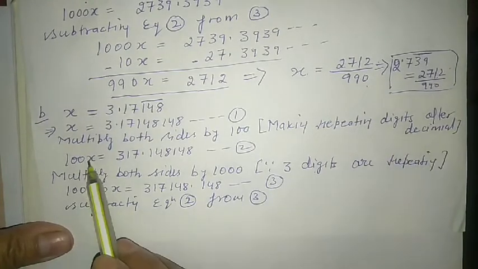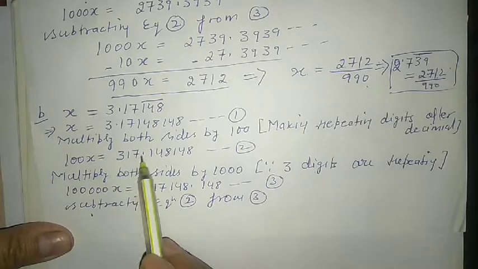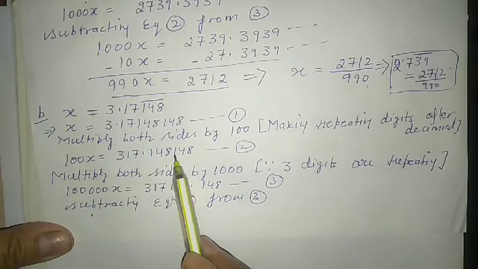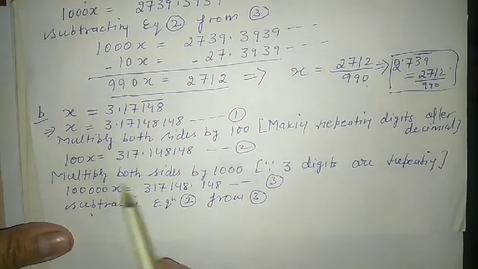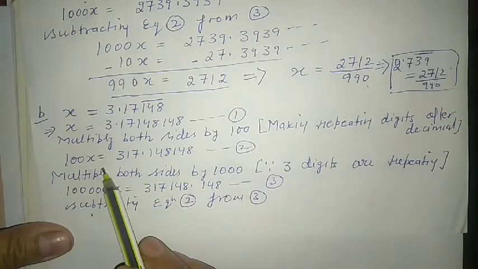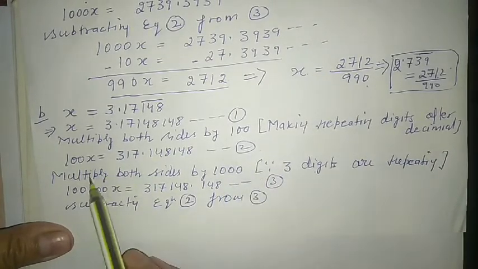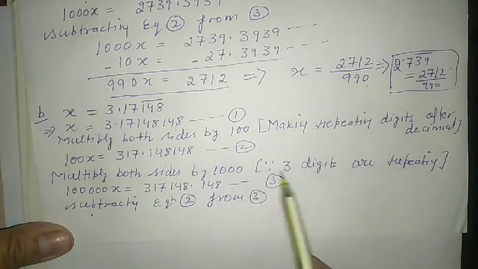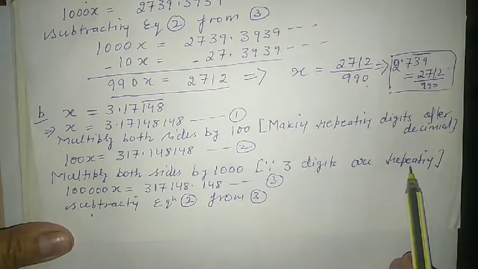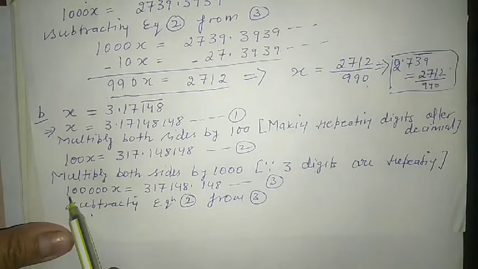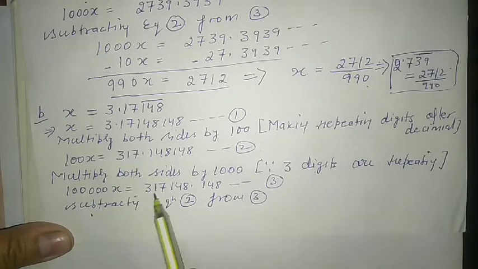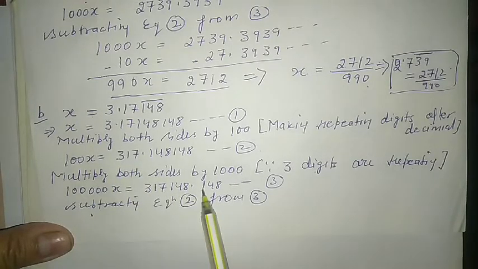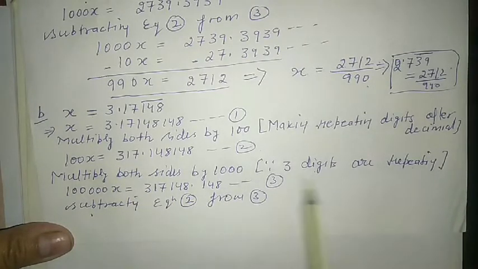So 100x equals 317.148, 148 and so on. This is the second equation. Now multiply both sides by 1000. In the second equation, multiply both sides by 1000 because 3 digits are repeating. So this becomes 1, 2 zeros are already there and 3 more zeros are here. x equals 317.148, 148 and so on.